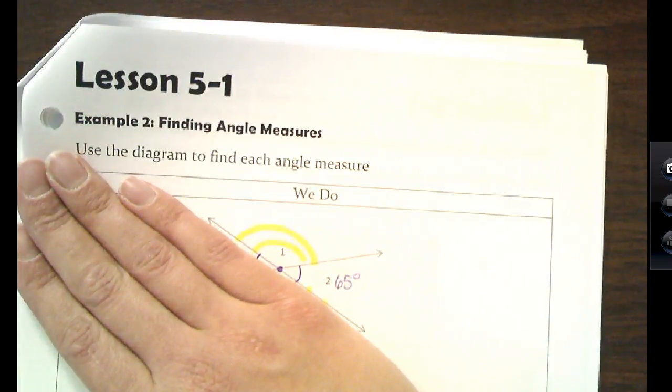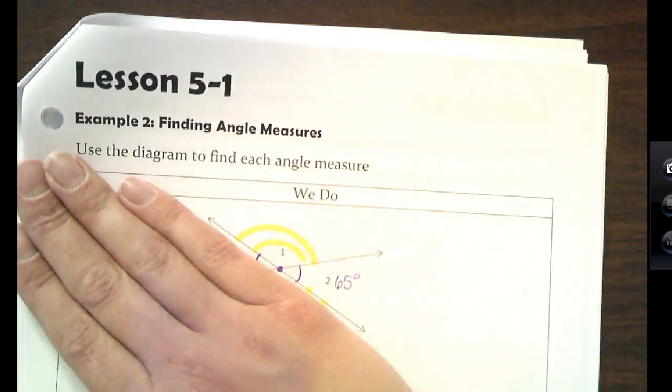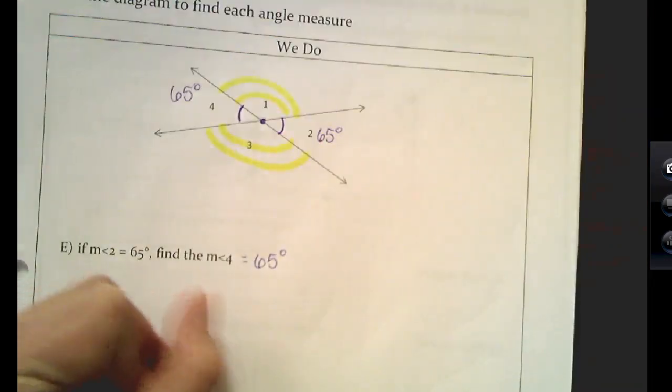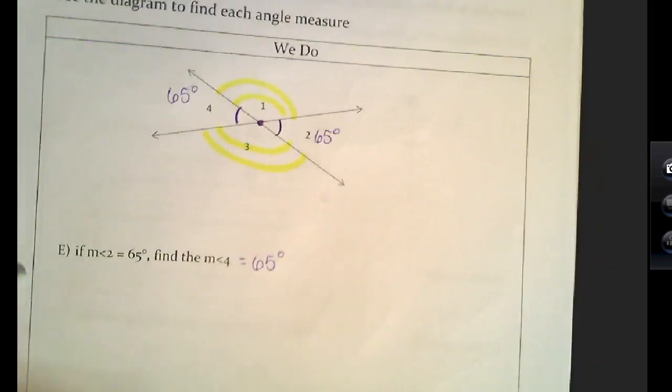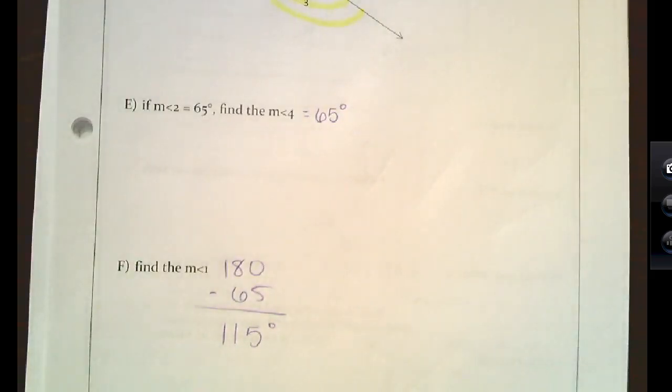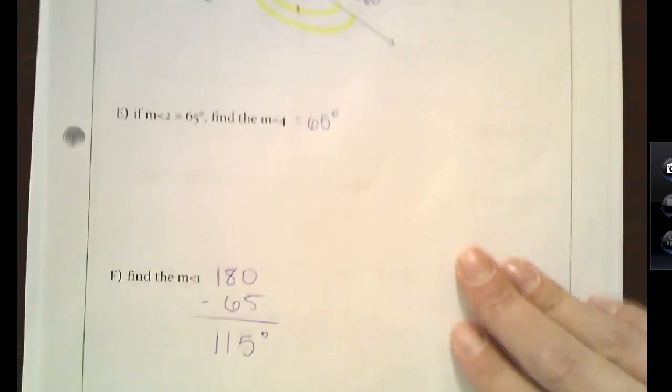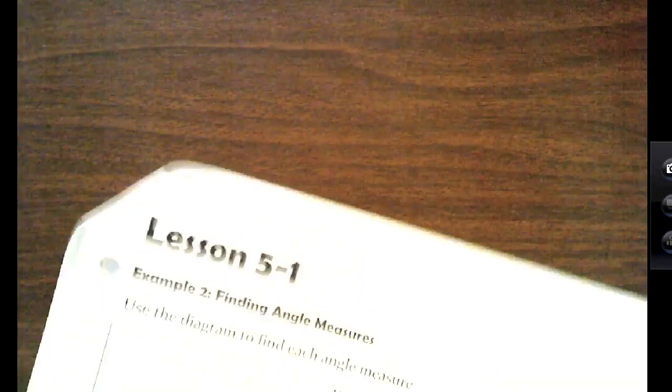Very good. You do 180 because a straight line is 180 minus 65. So we're going to do 180 minus 65. You guys are getting 115. Yeah, very good. 115 degrees. Pretty cool, huh? Two different ways to figure that out. I love the reference to 360 degrees. That's awesome. If you do 180 degrees, it just makes it a little bit faster is all.